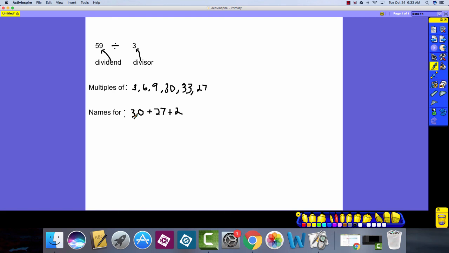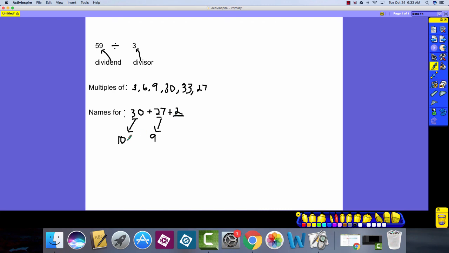And now I can work with some of my multiples of 3 to help me divide. So I know 30 divided by 3 is 10. And I know 27 divided by 3 is 9. And then I have my 2 here. Well, I can't put 3 into 2, so that's what's left over.